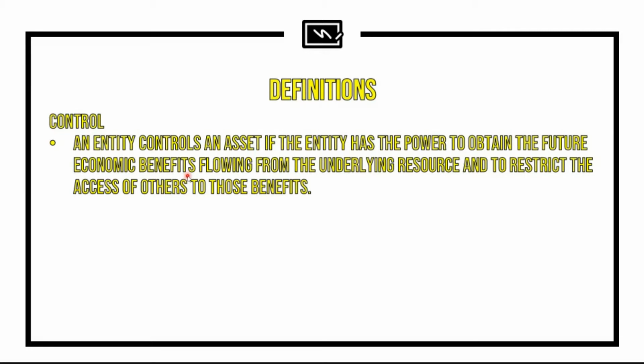So control does not necessarily mean ownership. So it does not necessarily mean that you need to be an owner for you to have control of the asset. Being a lessee can also result in control, or being an assignee can also result in control. So basically the concept there is just to make sure that the entity is the one who will obtain the future economic benefits.